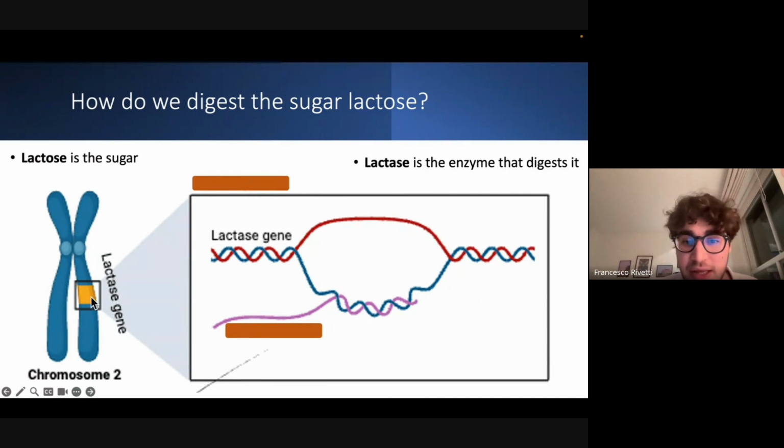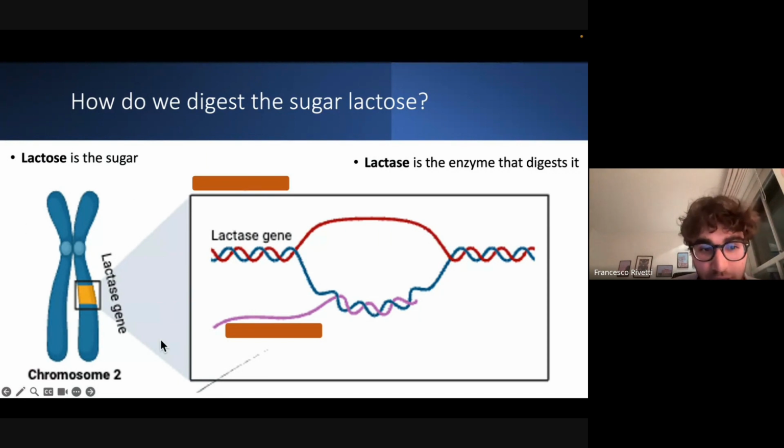This cannot do anything to sugar. It's just DNA. It's a book. It's a recipe. The recipe can't do anything. Now, when we drink milk, we need to be able to produce this enzyme, this protein. To clarify, an enzyme is a protein; it's a synonym for protein in a way, as a simplification.